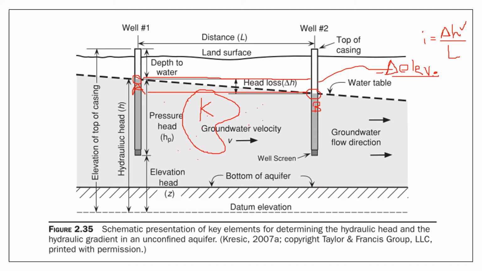Strictly speaking, the distance from point A to point B is an inclined path, slightly inclined, but for simplification purposes, we just take distance L as the plan view distance.